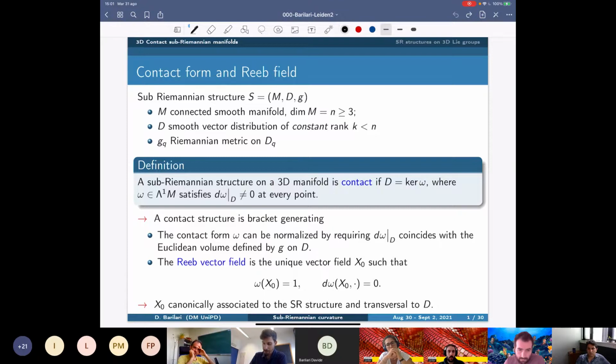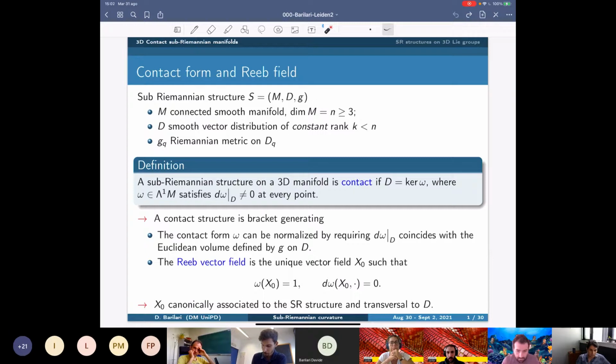So a Sub-Riemannian structure is just a triple. We have a connected smooth manifold, whose dimension, as I said yesterday, is bigger or equal than 3. We have a vector distribution of constant rank K, and a Riemannian metric on the distribution.